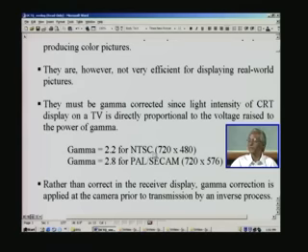This NTSC signal is for the USA, and PAL and SECAM are for Asia and Russia, I suppose, and picture sizes are also given here. This is 720 by 480 pixels here and 720 by 576 here, and they are what are called interleaved. That is, in order to avoid flickering they have separated the entire picture into odd and even lines, for that matter frames, thereby reducing the flickering, and so that is called interleaved.